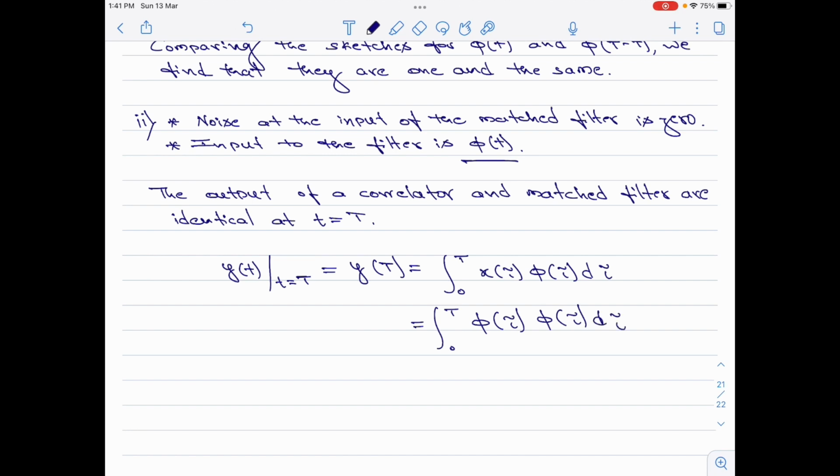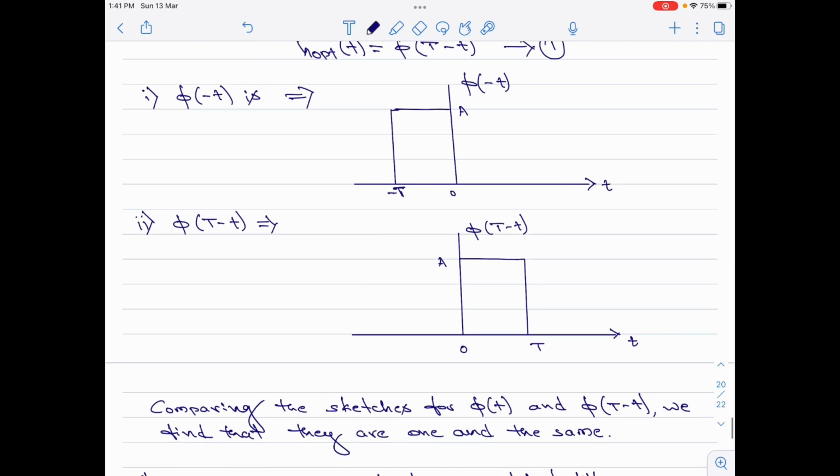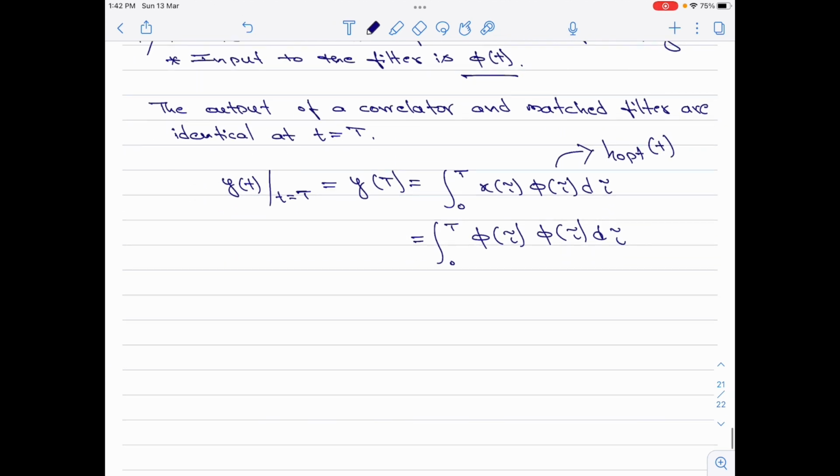Please note, the value of phi of tau here which I have taken is usually h optimum of t. But we have previously established that h optimum of t is equal to phi of capital T minus small t, which is equal to phi of t itself. So instead of writing phi of capital T minus small t, I have directly written it as phi of tau.